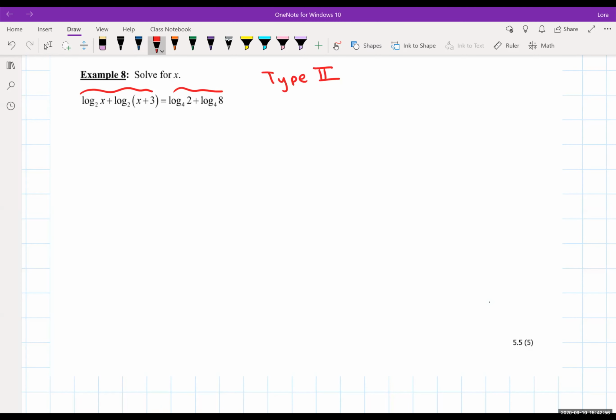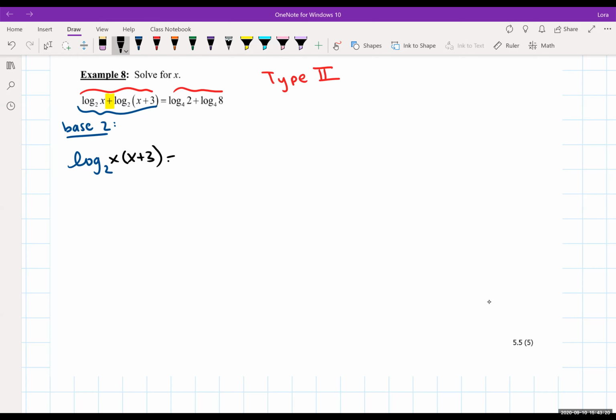On the left-hand side, they have the same base, which is 2. So you can rewrite them as a single log with base 2, and if there's an addition sign in between, we rewrite it by multiplying the arguments.